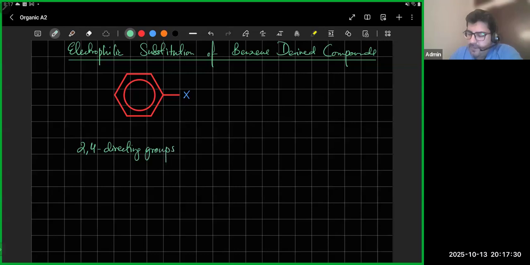These are also referred to as electron donating groups. Then there are the 3,5 directing groups.